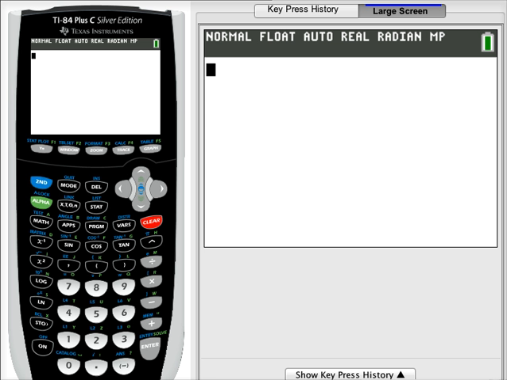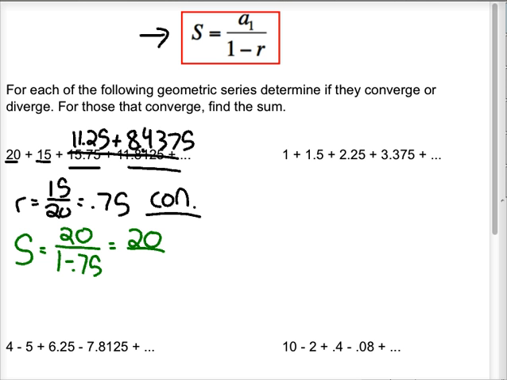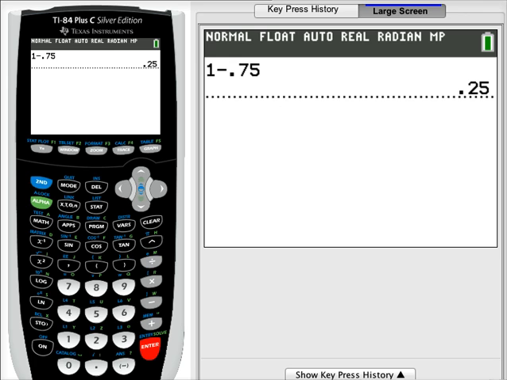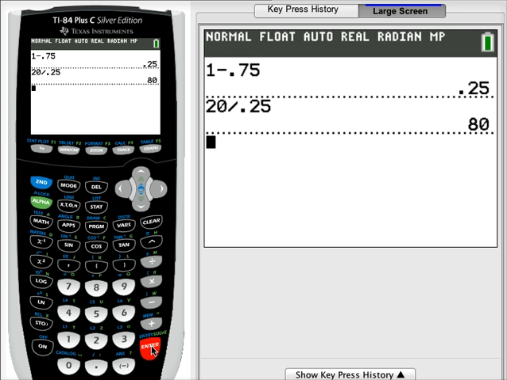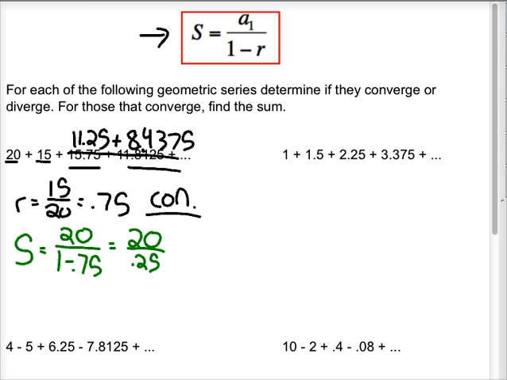Well, 1 minus 0.75 is 0.25. So 20 divided by 0.25 is going to leave you with 80. That sum, no matter how many terms you go out to, the sum is going to be approaching the value 80.